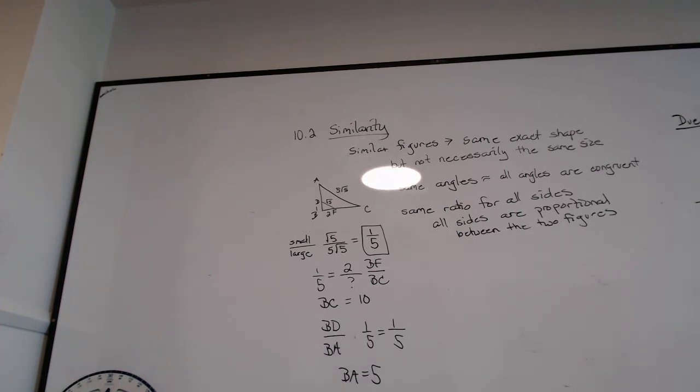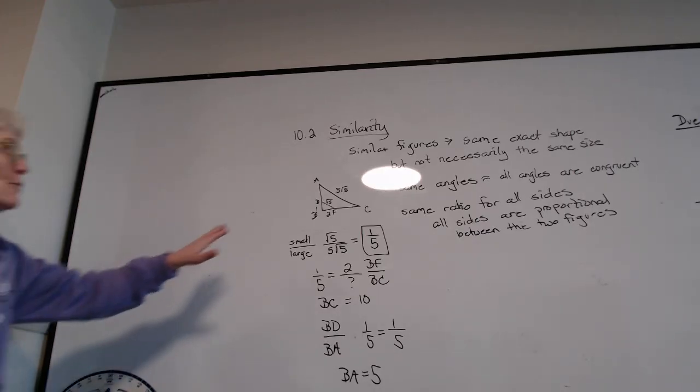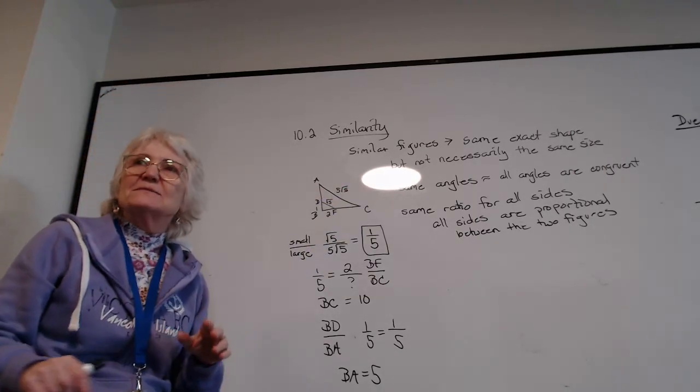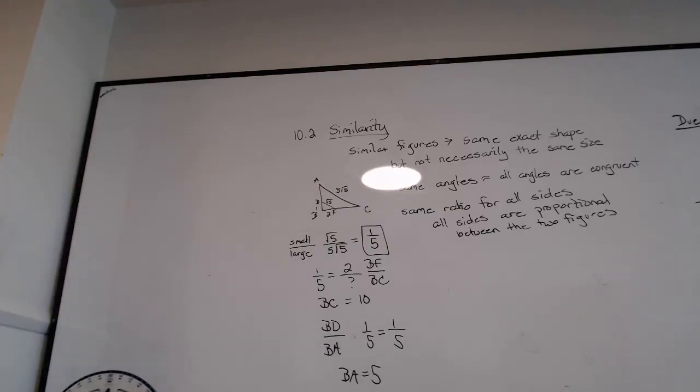So, in similar figures, their angles are always exactly the same. Their angles are congruent. And their sides are in the same ratio. Always in the same ratio. So if we match them up, we should be able to figure out what the ratio is between them, and then we can do it.